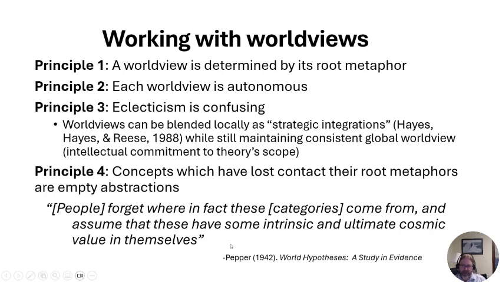but quickly, I wanted to say just a few words about what it means to work with different worldviews. There are these different ones, and as you can see, each worldview is determined by its root metaphor, and each worldview is autonomous. They are separate from each other. And they are complete in the sense that, though imperfect, they are trying to explain the universe completely. And so we have to be careful with eclecticism because it can be confusing.